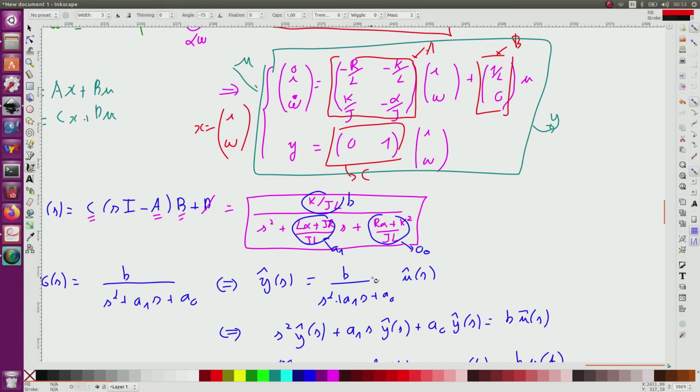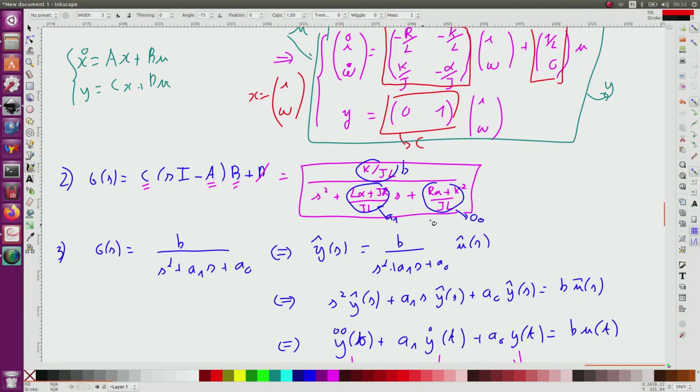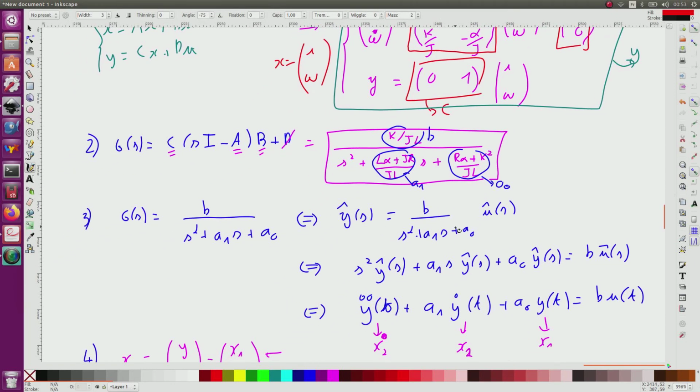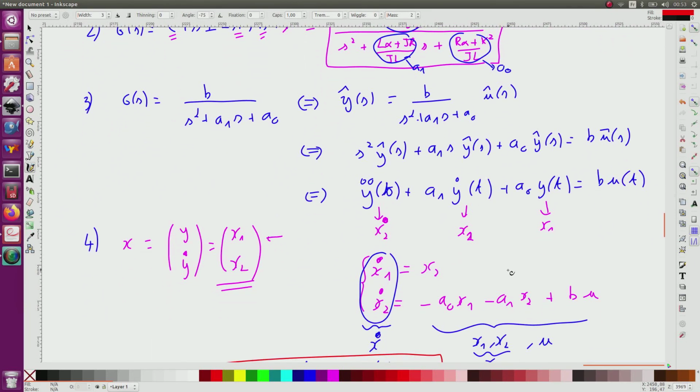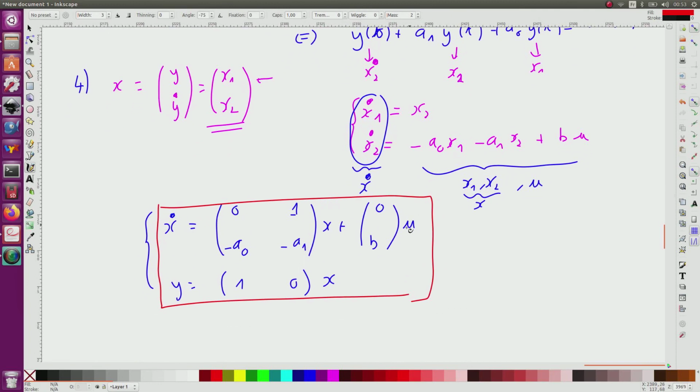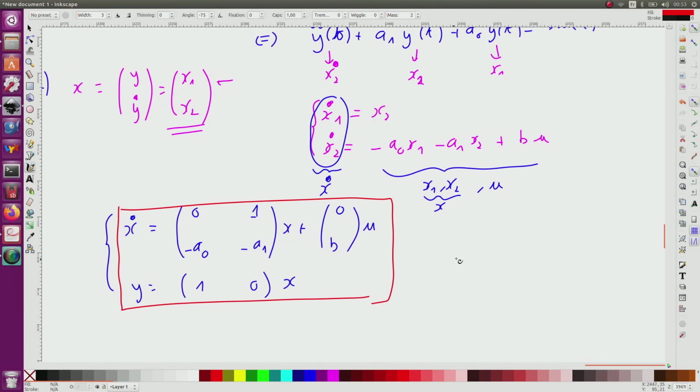Once I have the transfer function, I can obtain by this method a representation where the matrix A has the form 0 almost everywhere, except here where I will have minus a0, minus a1, up to minus a(n minus 1).